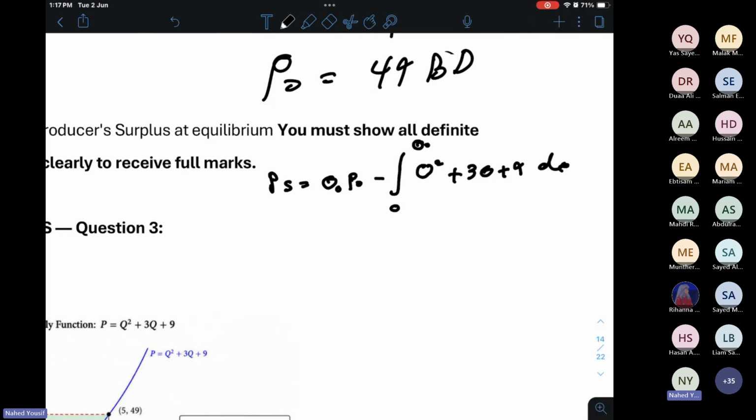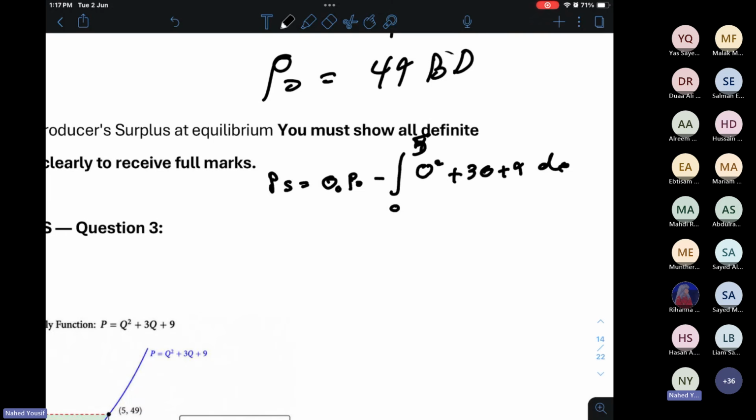Actually, here we have, so let me, the Q naught is just 5. Q naught is just 5, sorry, 5.